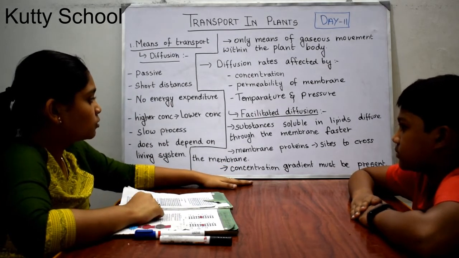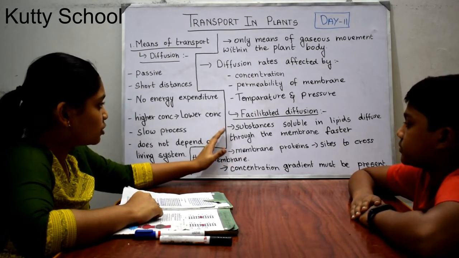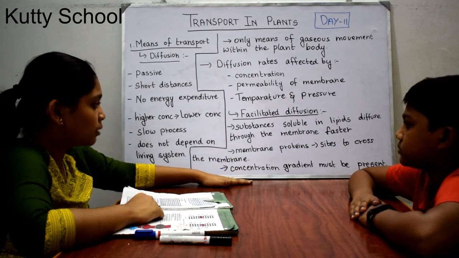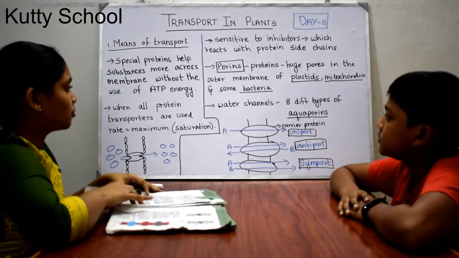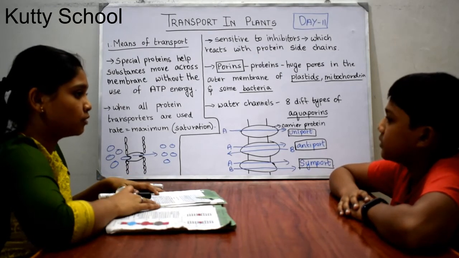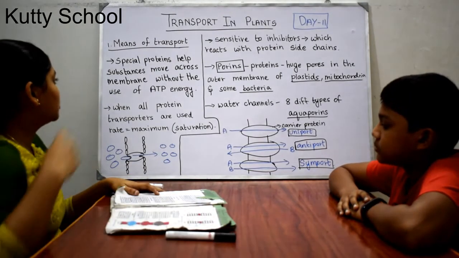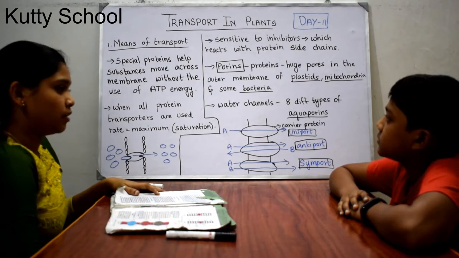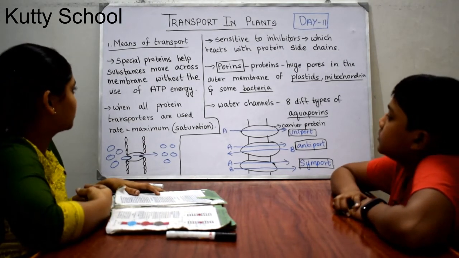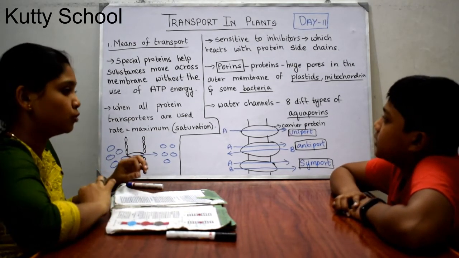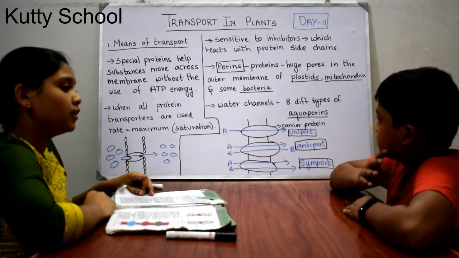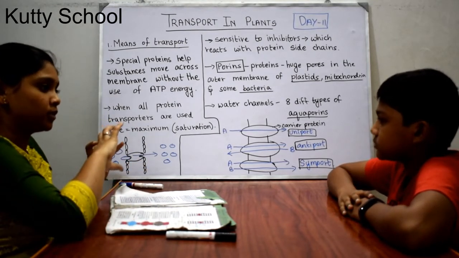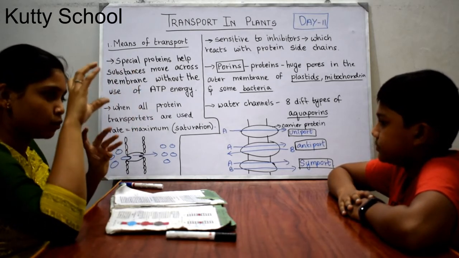Okay. By facilitated diffusion, we have some more points to discuss in detail. Now we are going to see some more points on facilitated diffusion. Special proteins move substances across the membrane without the use of ATP. These protein transporters are present in the membrane, within the two lipid layers.